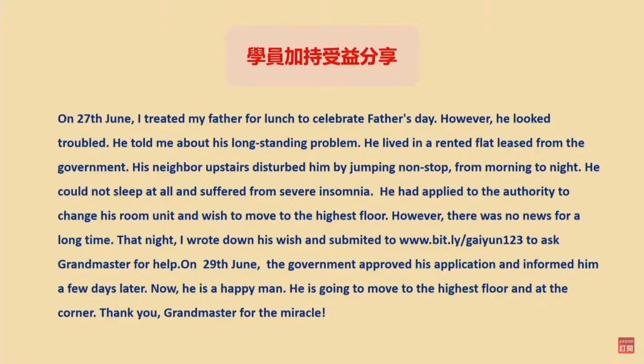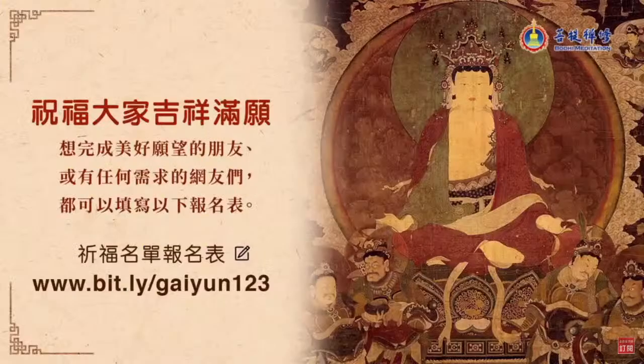That night, I wrote down his wish and submitted it to our prayer list to ask Grandmaster for help. On 29th June, the government approved his application and replied to him, just 2 days after he submitted.